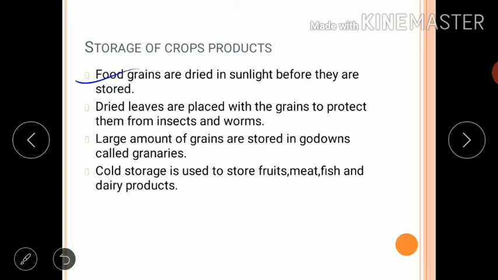Grains are stored in containers made of clay or in bags made of jute. Dried neem leaves are placed with the grains to protect them from insects and worms. Large amounts of grains are stored in godowns called granaries.